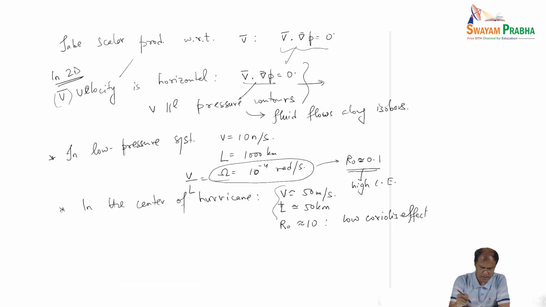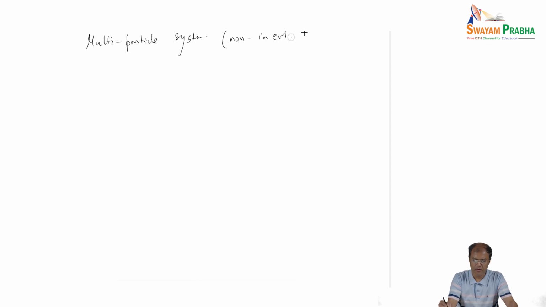Okay, so then for a multi-particle system, we talk about the system in a non-inertial frame. So in the non-inertial frame, let us now write down the equation of motion. So I am rewriting. This is a multi-particle system.